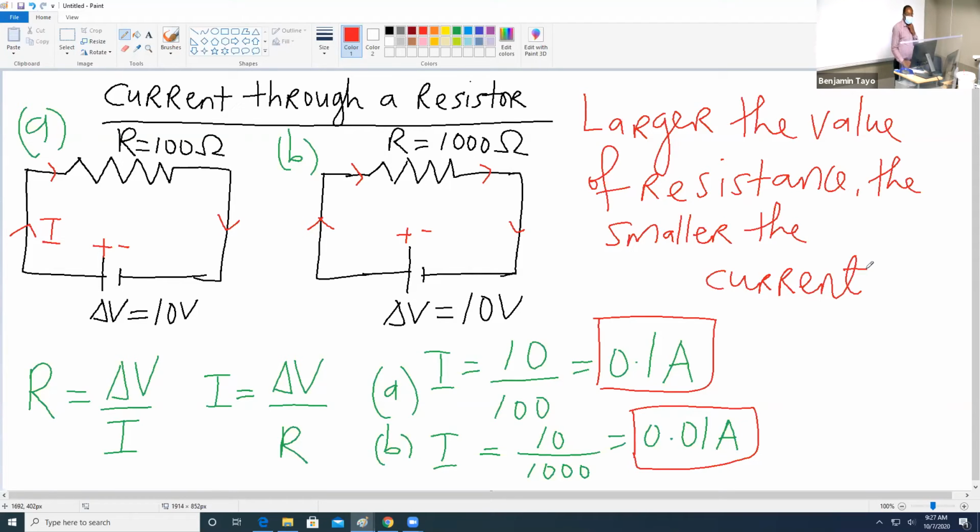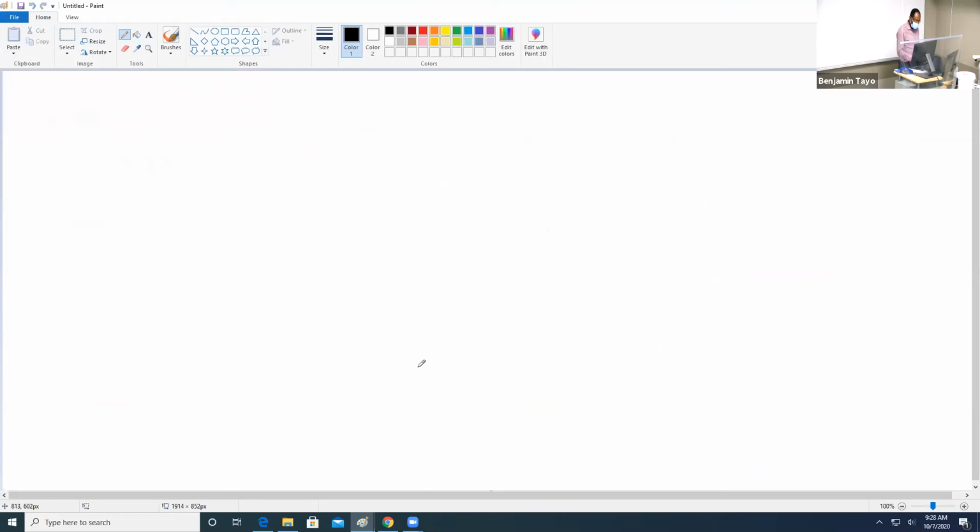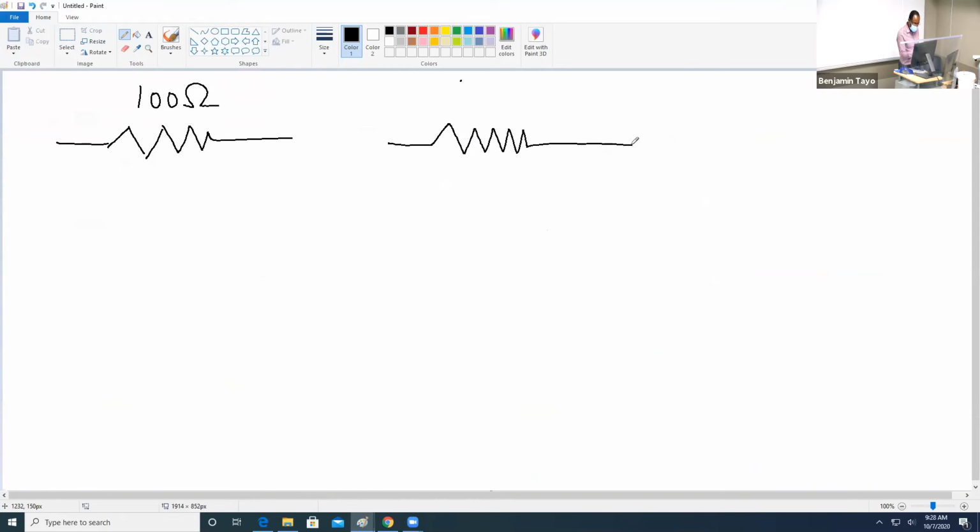Let me try to explain this in terms of the physics of the problem, because I think it's very important to understand. Let me go back here and open a new page. This is what we have: this is the 100 ohm resistor, and this is a 1,000 ohm resistor.